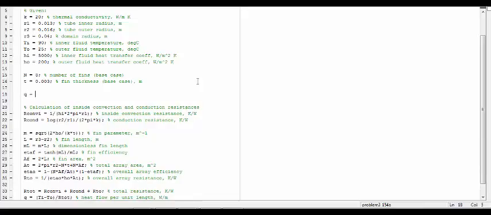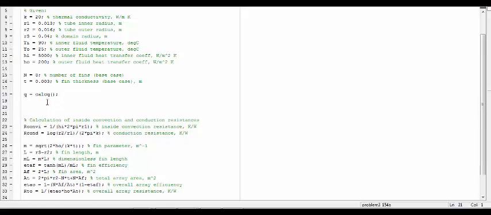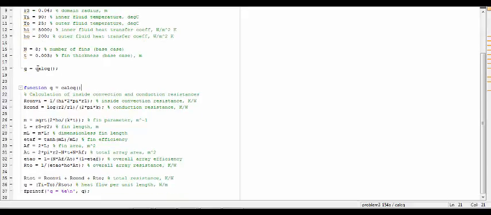So we're going to say q equals calc q, and from this we're going to get the value of q. So everything else below will then be calculated in this subfunction, calc q, fed back into q, which then we can use to vary the values of n and t.